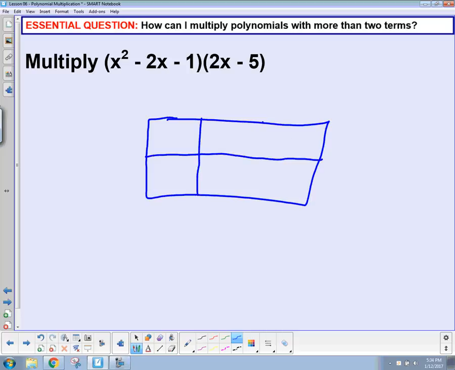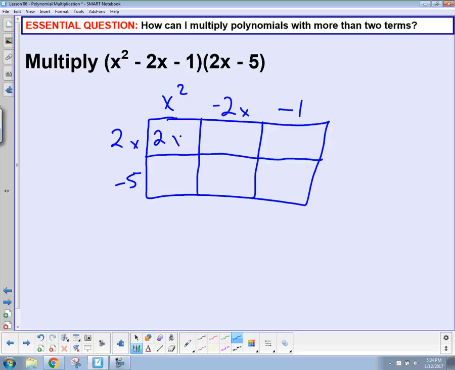Again, I like putting it on top. X squared minus 2x minus 1. And 2x minus 5. And again, you're multiplying. So there's no coefficient on here, so x squared times 2x is 2x cubed.